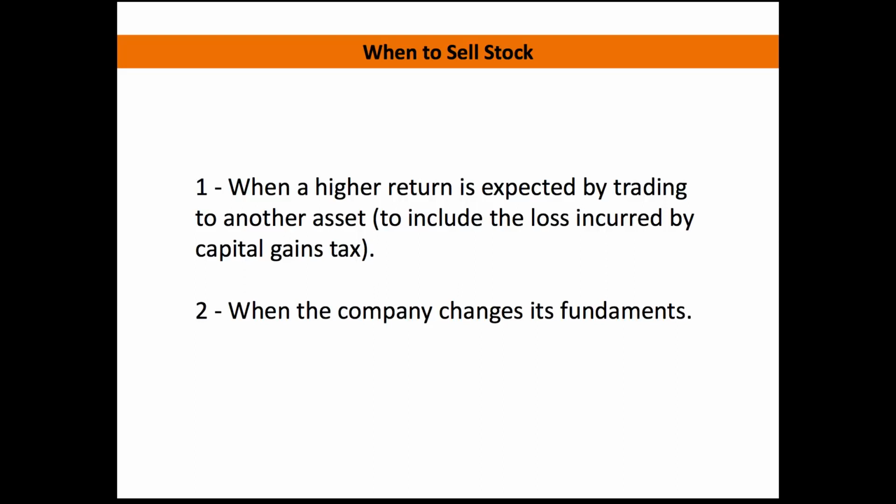The first rule is that he'll sell the shares if he can expect a higher return by trading into another asset. What he takes into account when he conducts that transfer is that he has to account for the capital gains. And not only does he account for the capital gains he's going to pay and lose when he transfers assets, but he also takes into account the level of risk as he moves from one asset to the other.